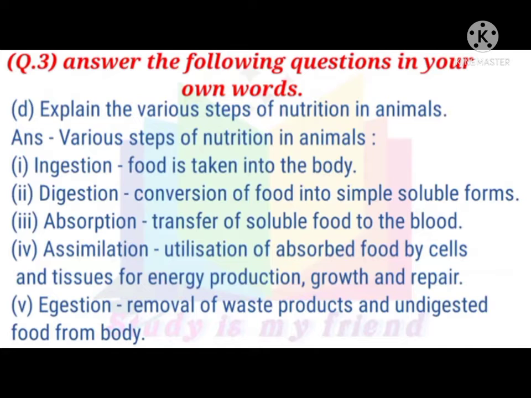Absorption. Transfer of soluble food to the blood. 4. Assimilation. Utilization of absorbed food by cells and tissues for energy production, growth and repair. 5. Excretion. Removal of waste products and undigested food from the body.